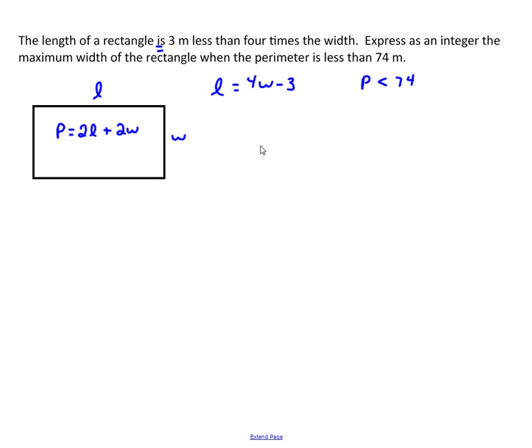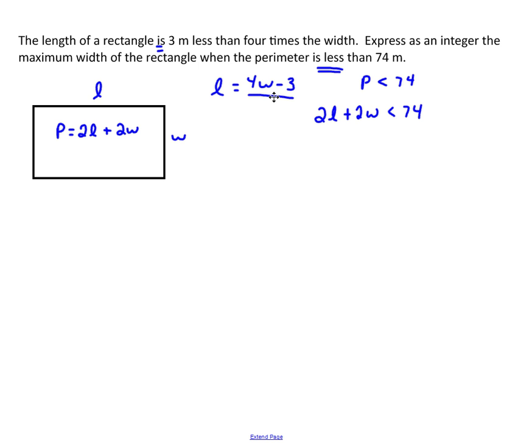Please review that video if you don't remember it. Our perimeter here, then, we're saying, well, 2L plus 2W is less than 74. Right? Again, we can key in on this key phrase right here, is less than. But L can be replaced with 4W minus 3.